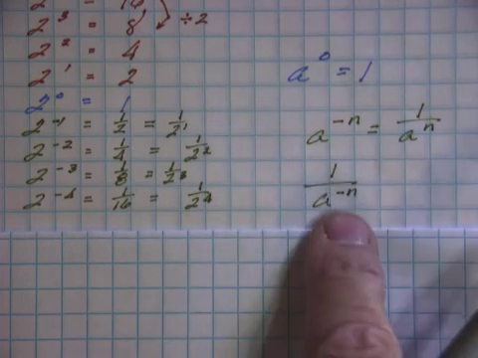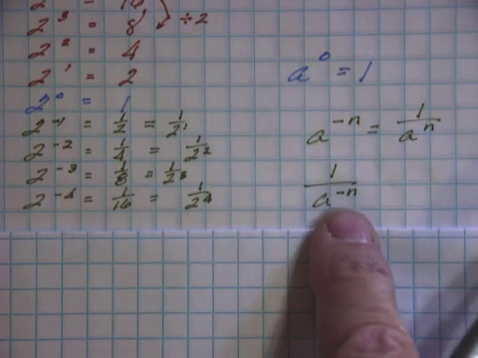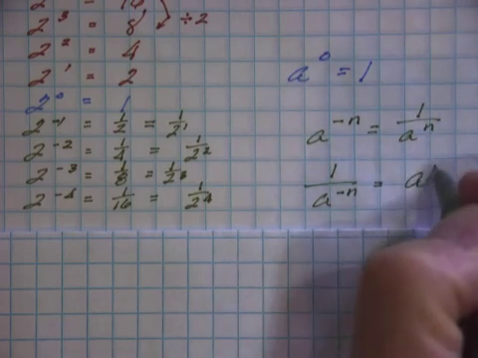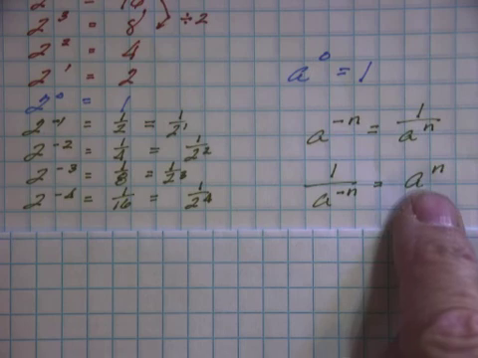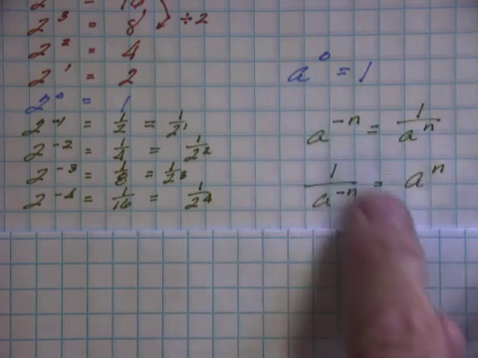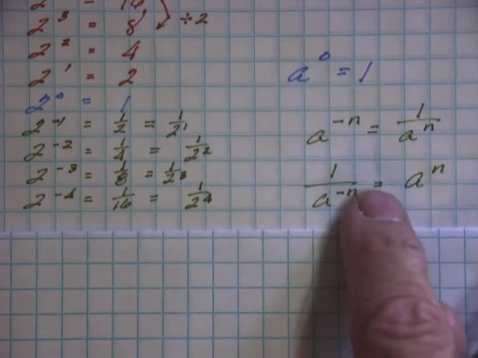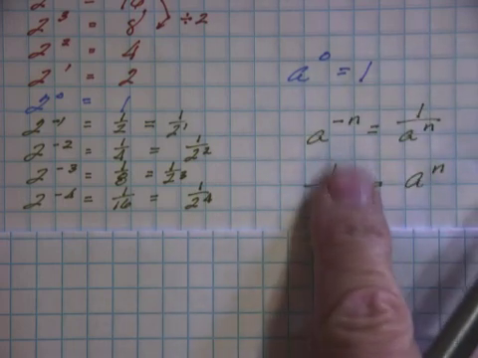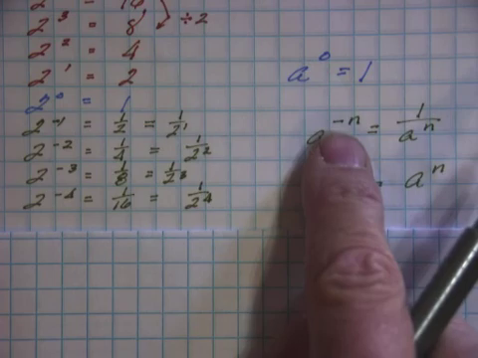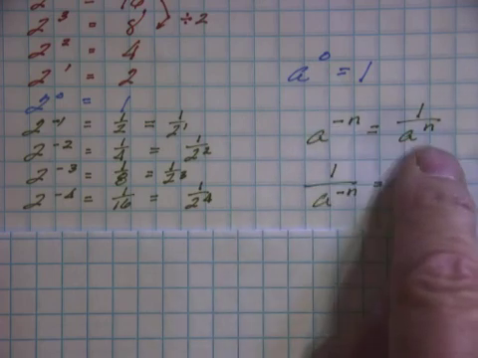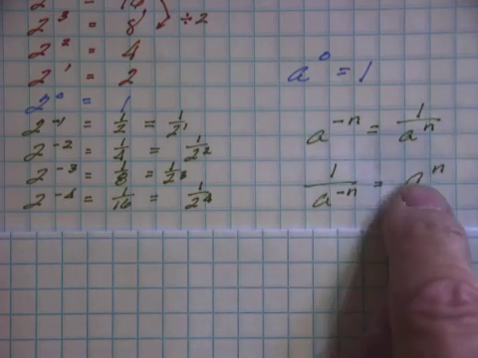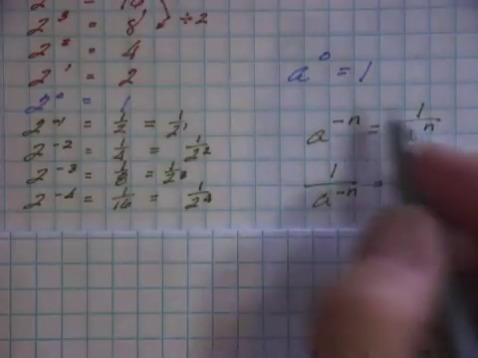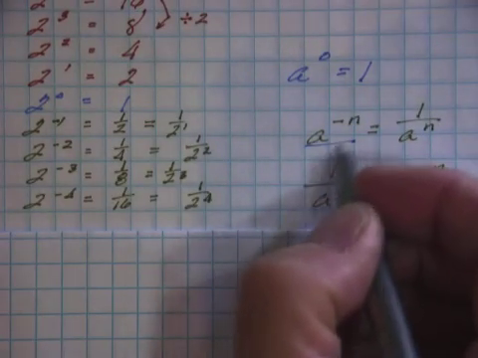The opposite of that is if I have 1 over a to the negative n, now it's in the denominator with a negative power, so I move it to the numerator and that's a to the positive n. So these are things you're going to want to memorize. Any number to the 0 power is 1, and you always want to get rid of negative exponents by either moving it from the numerator to the denominator or from the denominator to the numerator.